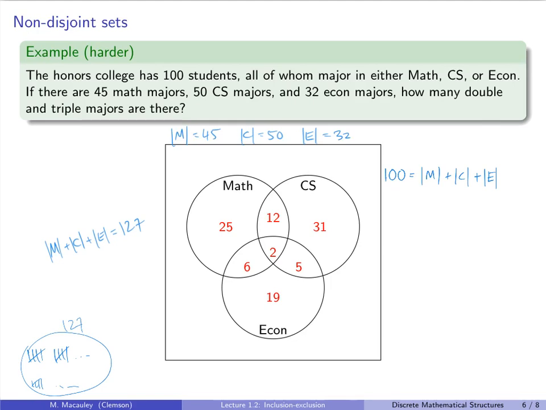Let's remove the tally marks for the people we double counted. So who did we double count? Well, we double counted these 3 people: the double majors in math and CS, the math and econ double majors, and the math, econ, and CS triple majors, whom we actually triple counted.